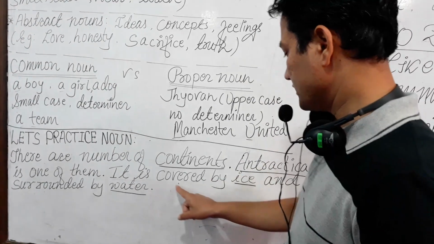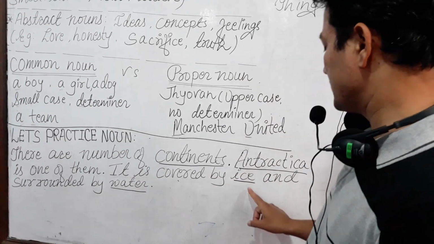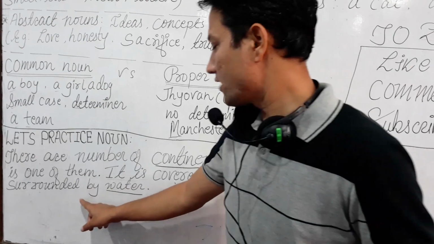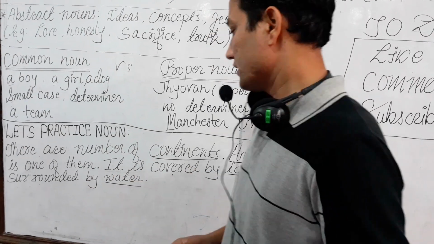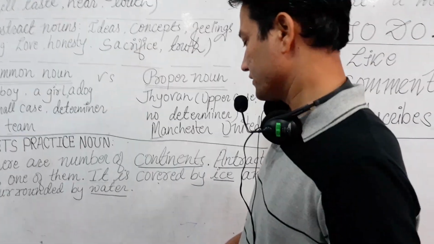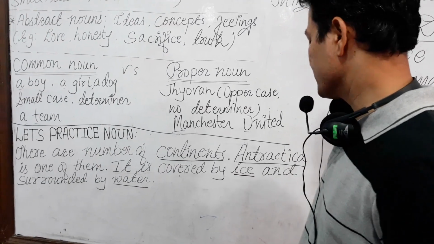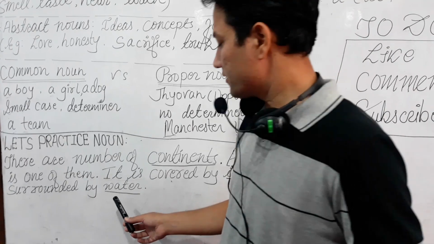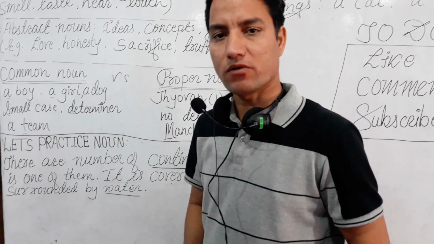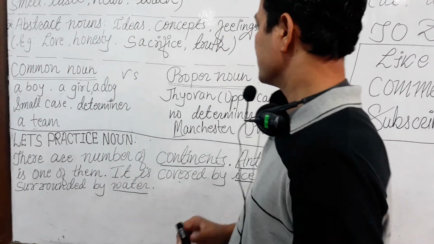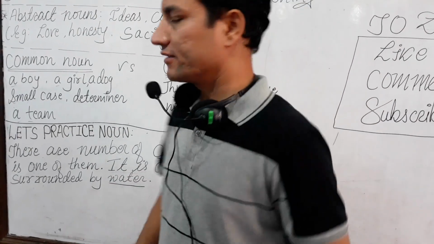Like that, it is covered by ice and surrounded by water. In the last sentence, ice is a common noun and water is a common noun. That is why they are not capitalized.